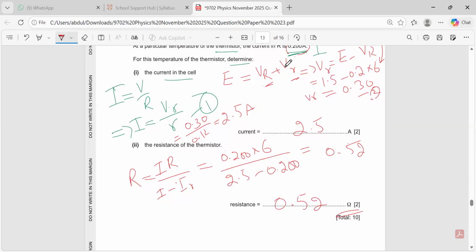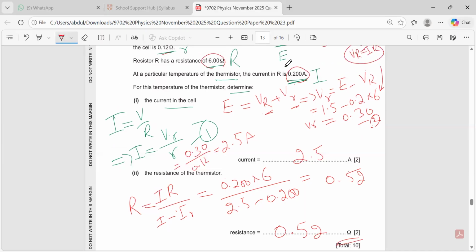Wait a minute. We need to calculate the resistance of the thermistor. So R will be equal to V over I. But we have to check about the thermistor. Now, first of all, the voltage across the thermistor. That will be, first of all, I into R. At a particular temperature of the thermistor, the current in R is 0.200 times, my dear friends, 6. That will give us the voltage.